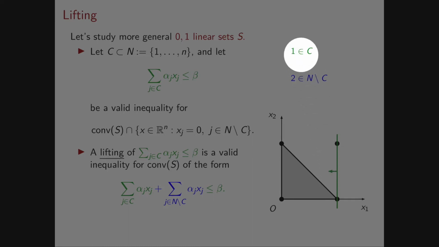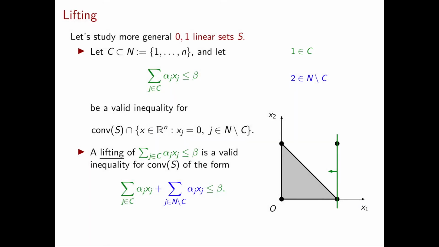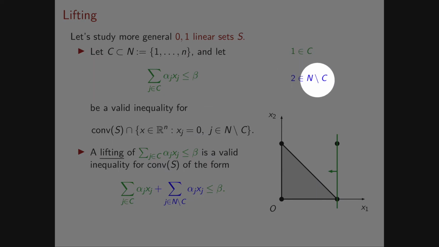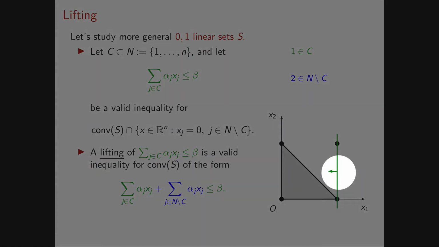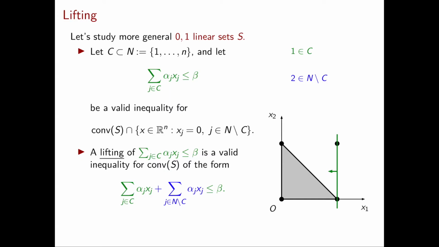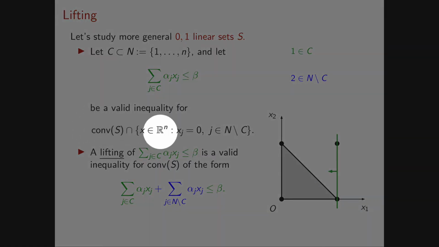So the only variable that appears is exactly the variable 1, which is in capital C. Therefore, the index 2 instead is in N minus C. Furthermore, this green inequality satisfies our assumption because it is valid for conv S intersected with x2 equal to 0. And in fact, this inequality is valid for the segment here between the origin and the point (1, 0).